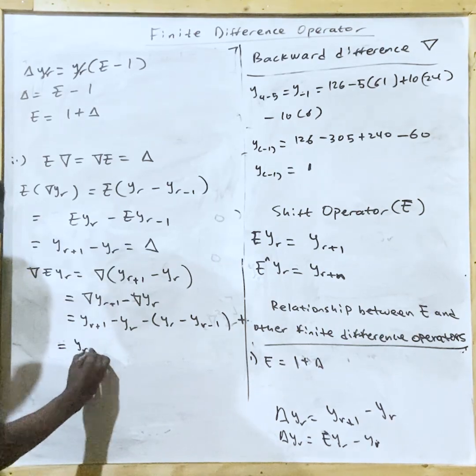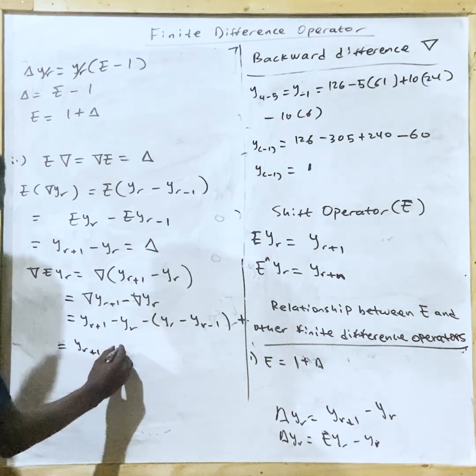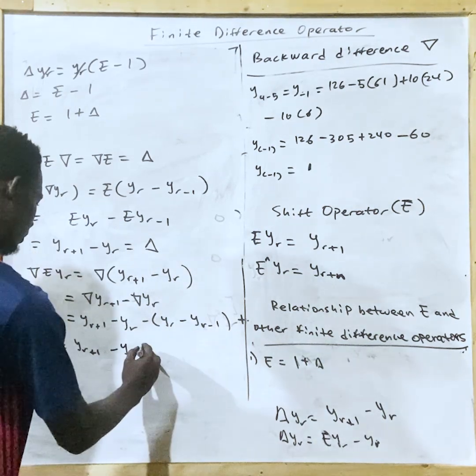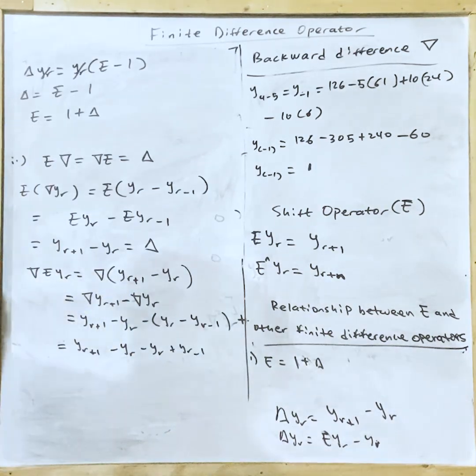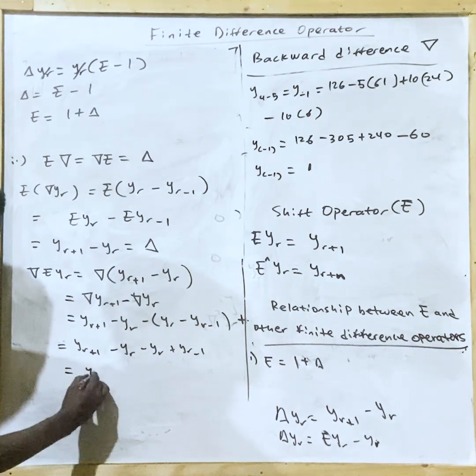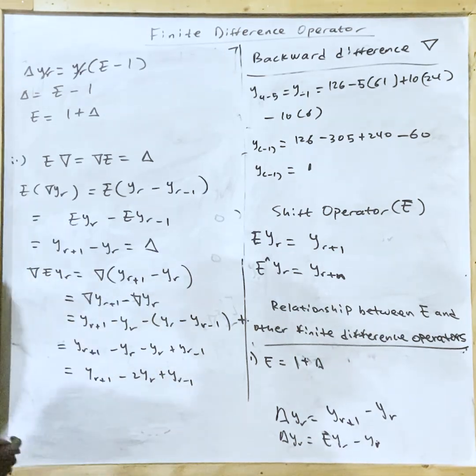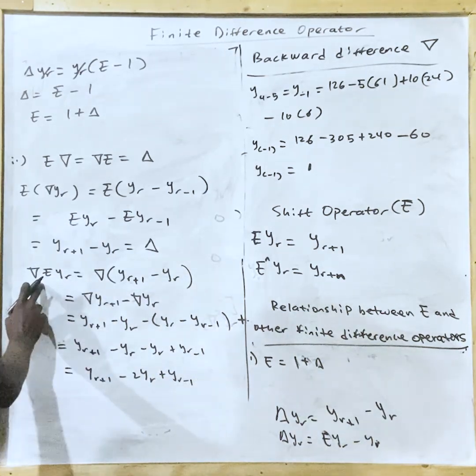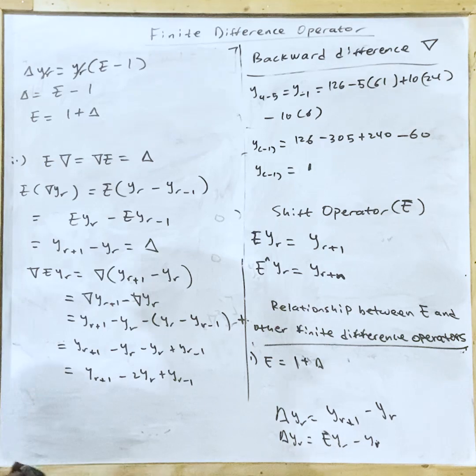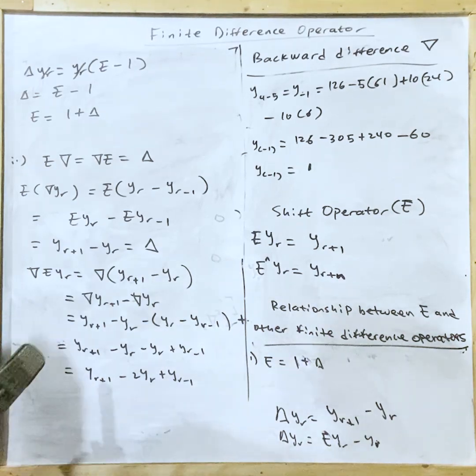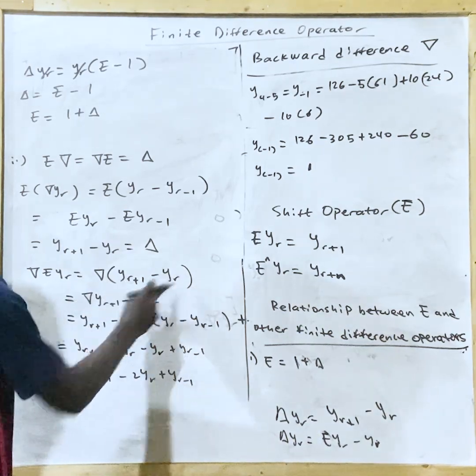Opening the brackets, you'd have yr plus 1 minus 2yr plus yr minus 1. Oh no, what I want to show is this being equal to this. I think I have skipped something.